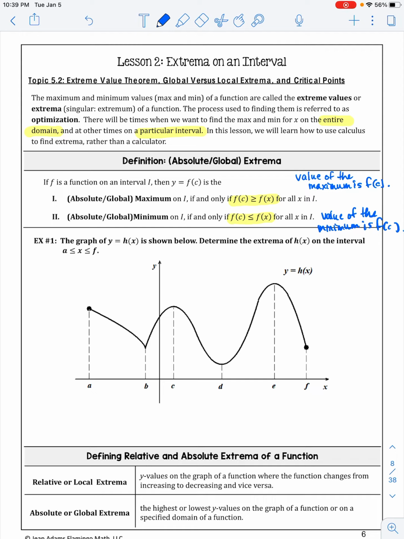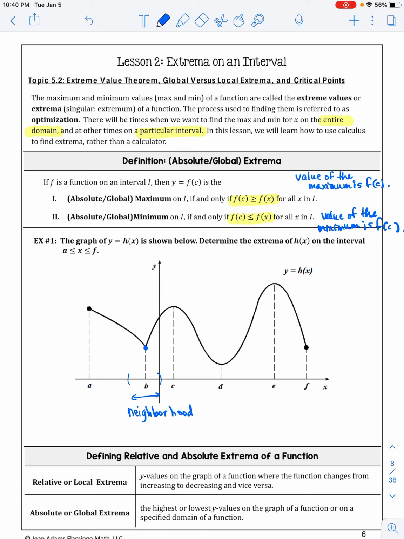So let's look at example number 1. The graph of y equals h of x is shown below. Determine the extrema of h of x on the interval from a to f. So we're not going to look at the endpoints here, okay? We're only going to look at everything in between. So I see that in the neighborhood, and when we talk about the neighborhood, we're talking about just any kind of neighborhood of that x value.